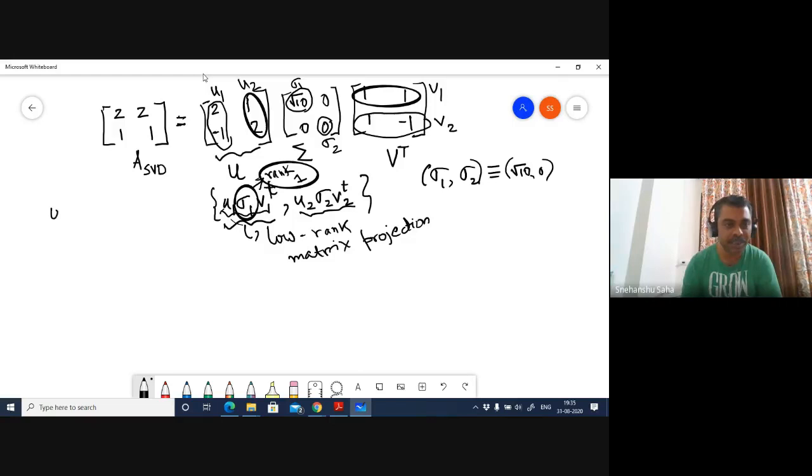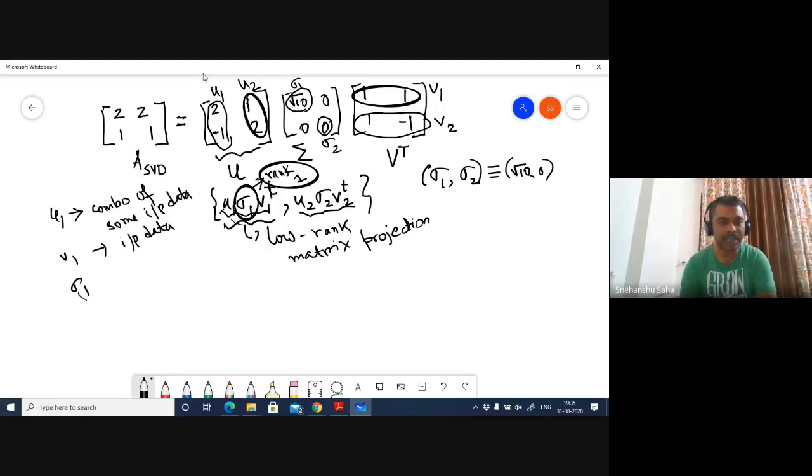If you think about it, U1 is nothing but a combination of some input data, and V1 is a combination of some other input data, right?